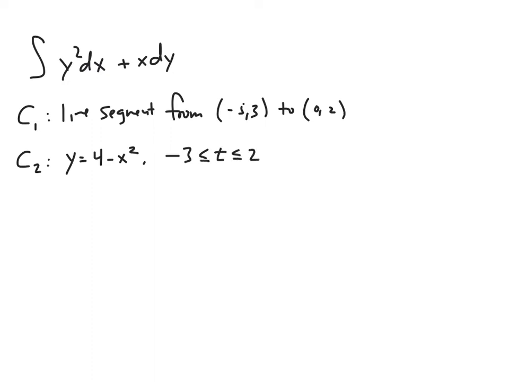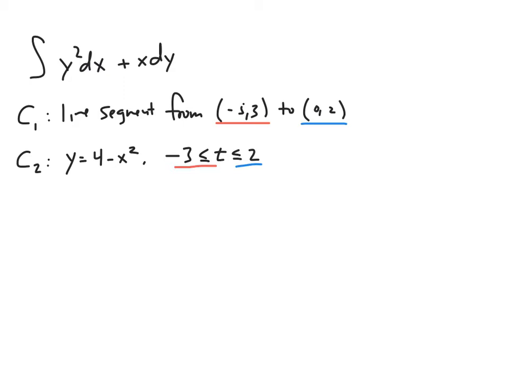And when you did this, what you would notice is that when t is equal to negative 3, you're at the point negative 5, 3. And when t is 2, you're at the point 0, 2. So C1 and C2 are both paths from the point negative 5, 3 to the point 0, 2. They just take a different route to get there.